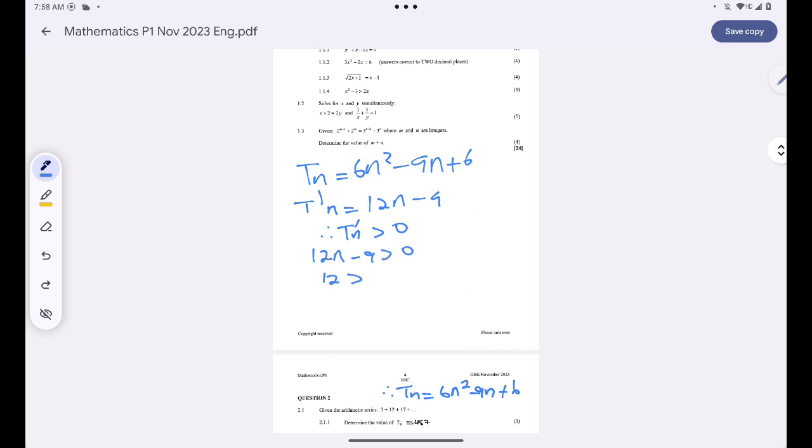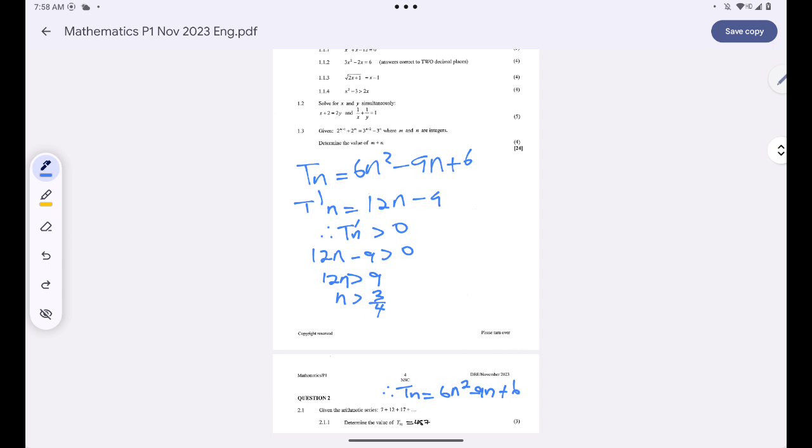12n should be greater than 9, and then n should be greater than 9 over 12, because I'll divide both sides by 12, right? And 9 over 12 is simply 3 over 4. Right, together. But remember that, guys, we're dealing with sequences. And n is the number of things. You cannot have a number of things or a position of a term as a fraction.